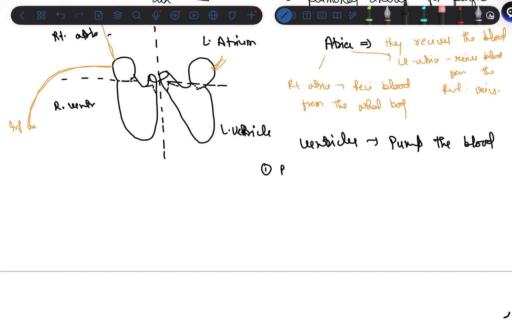First, the right ventricle. The right side of the heart pumps the blood to the lungs through the pulmonary arteries.